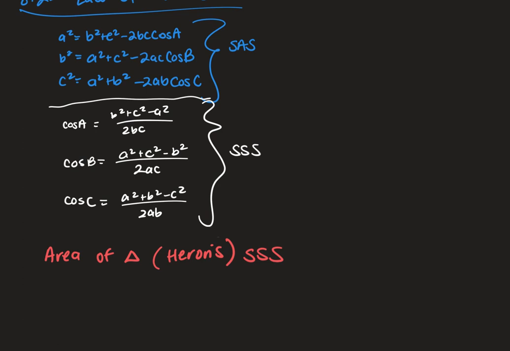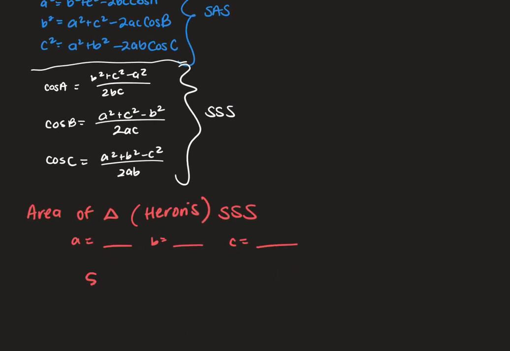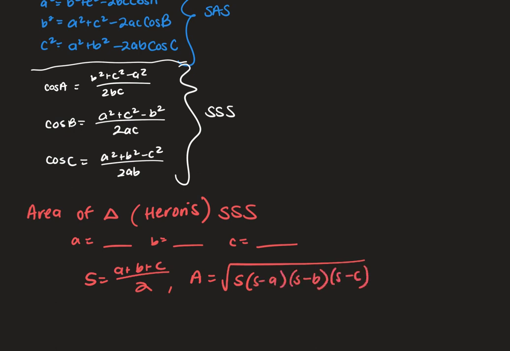That's side angle side. So S equals A plus B plus C over 2, and then area equals the square root of S times S minus A, S minus B, and S minus C.